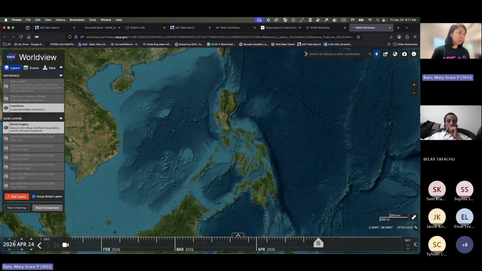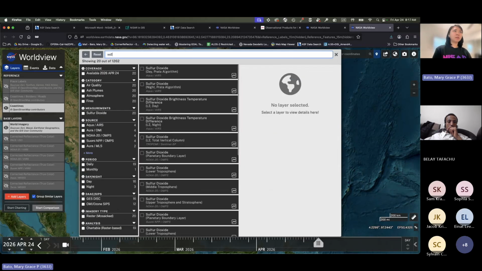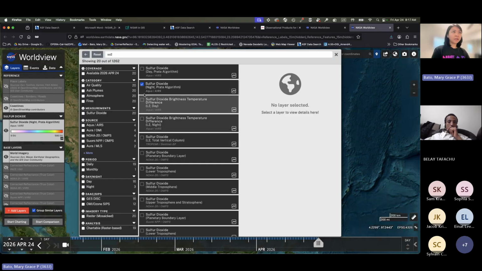And then what we want to do is add a layer, and I will just search for SO2. You have several SO2 products, but in this case we're just going to use the Aqua AIRS data and the TROPOMI data.